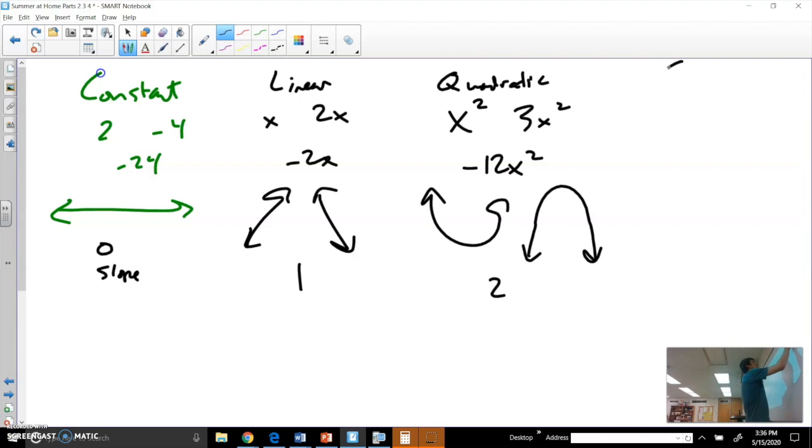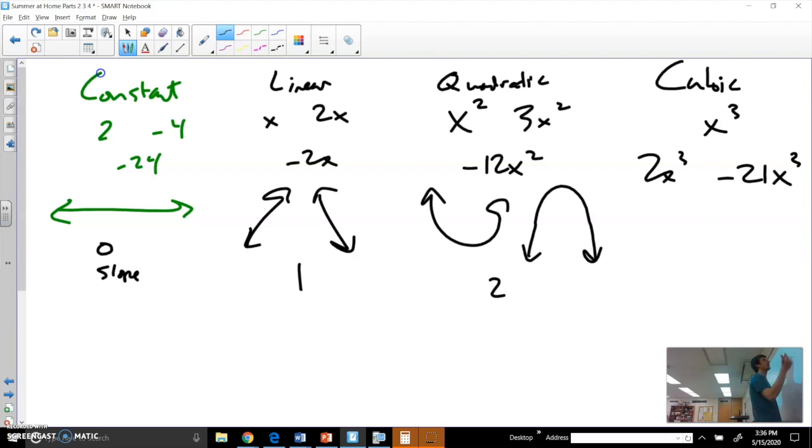I think it really helped me understand it when I got older, so I wish I had known it when I was younger. The next one you may know is cubic, x to the third. Or maybe it's 2x to the third, or -21x to the third. But a cubic has 3 directions. It goes up, back down, and then up again. Or maybe it goes down, then up, and then down. But again, it's got 3 directions.